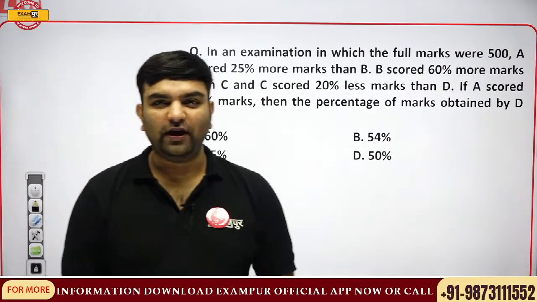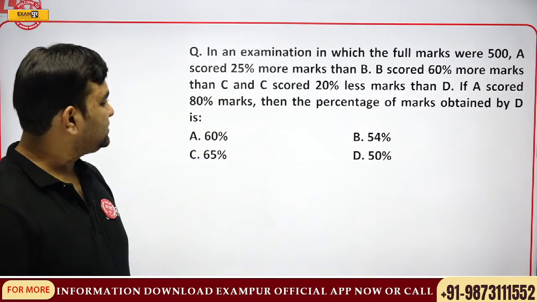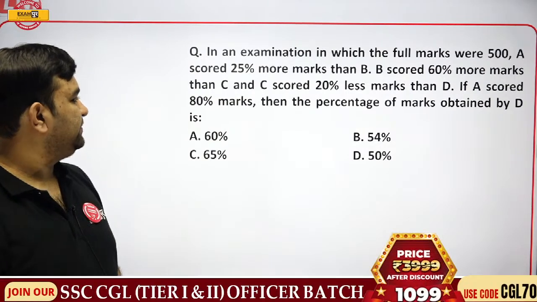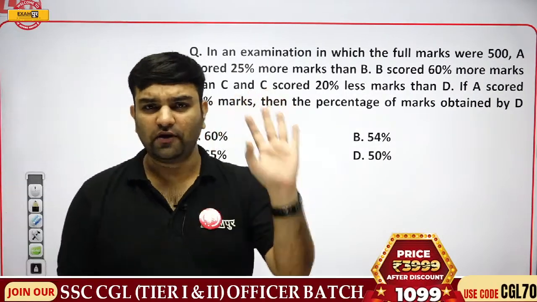Full marks are 500. A scored 25% more than B. B scored 60% more than C. This is a lot of information.